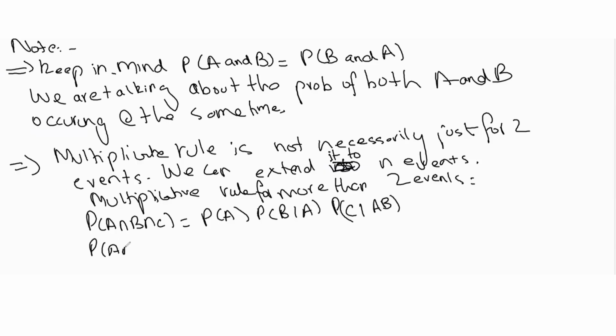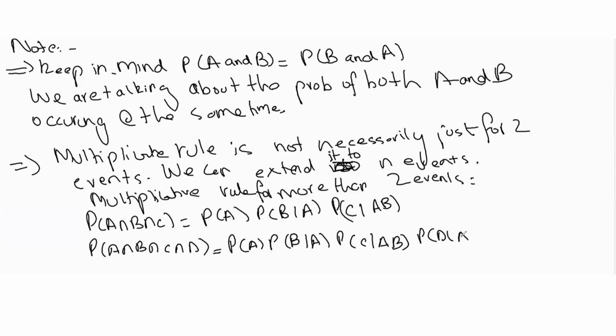Similarly, you can find the probability of the intersection of four events: probability of A times probability of B given A times probability of C given A, B times probability of D given A, B, C, and so on. What I've written here is the intersection of A and B, and here the intersection of A, B, and C. So we can extend the multiplicative rule to more than two events as well.